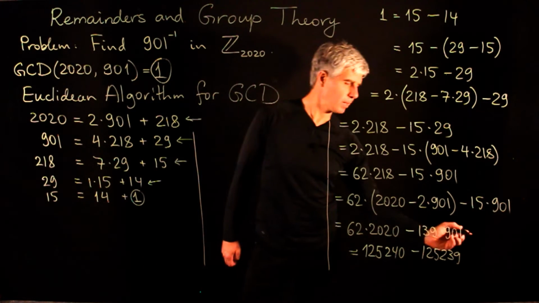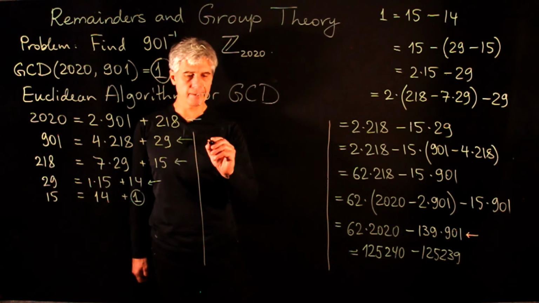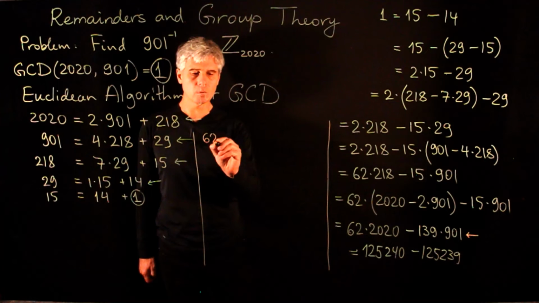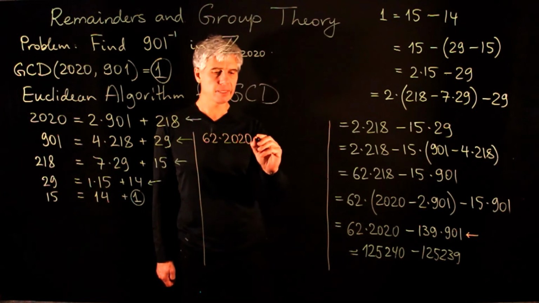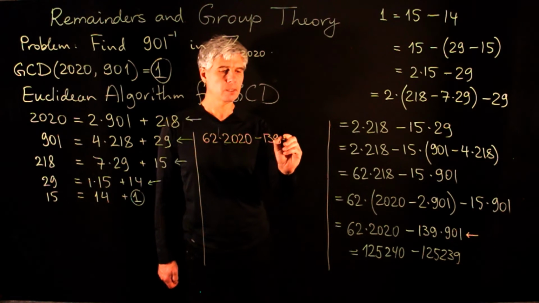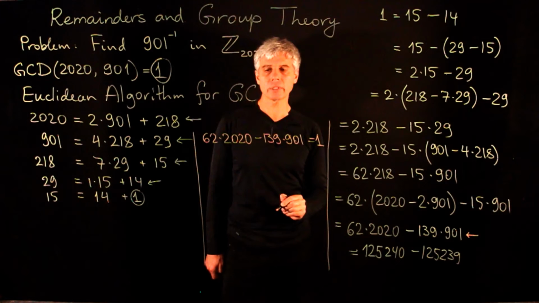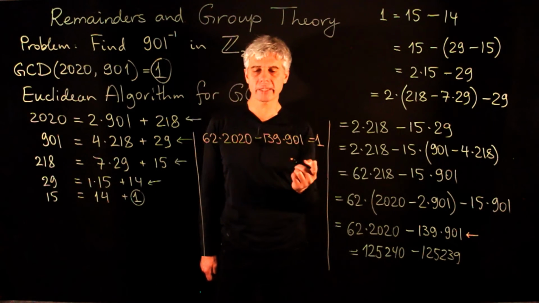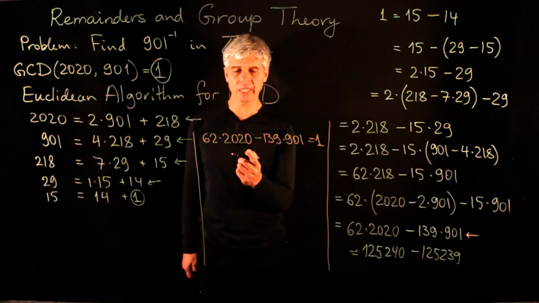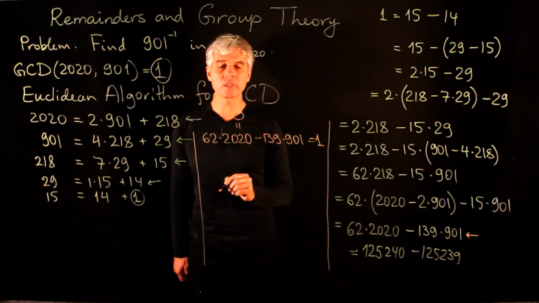Now we take our last equality here. Right, so we have 62 times 2020 minus 139 times 901 is equal to 1. So this is an equality with integers. And now we take the remainder of both sides after division by 2020. And so this 2020 will become 0.